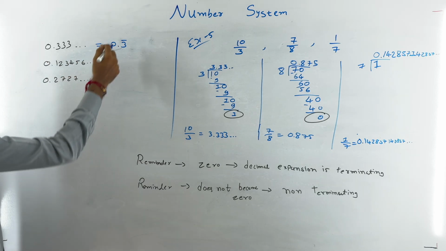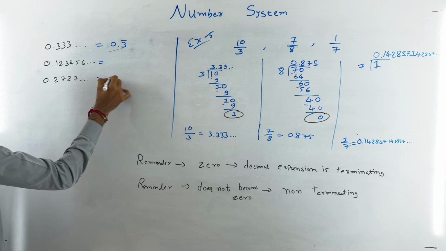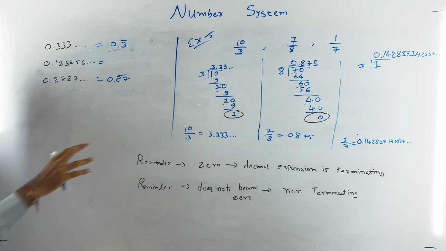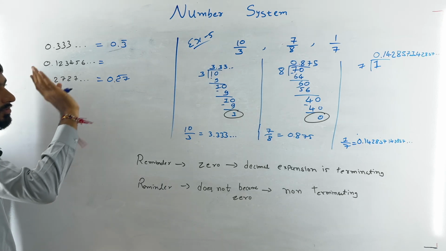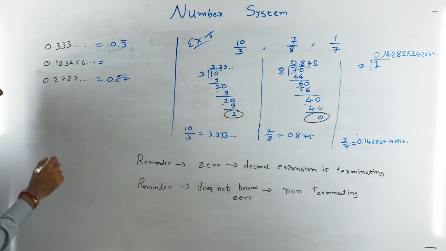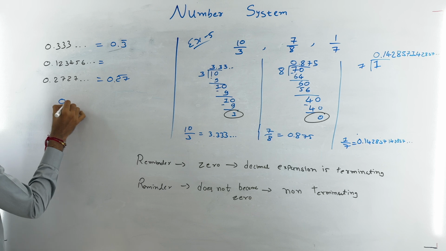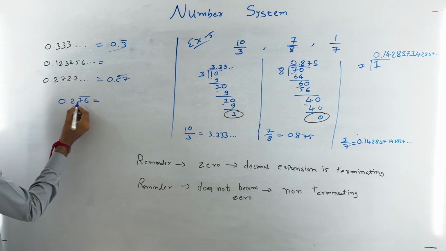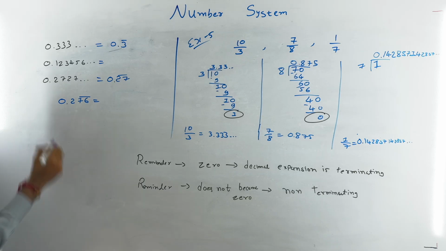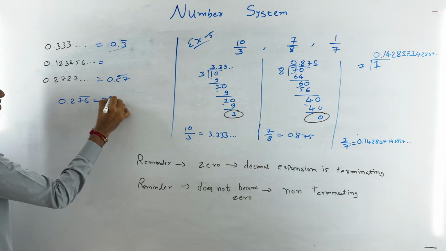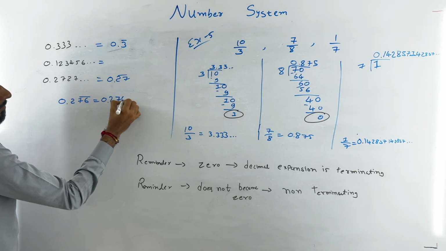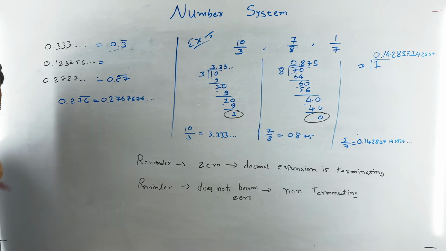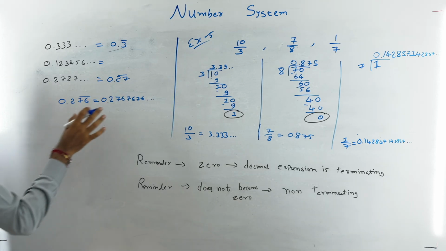Here I cannot write anything like that, but here I can write 0.27 bar. The bar on the number says that 27 will repeat after this for infinite times, right? If I write 0.276 and I keep the bar on these two numbers only, that means 0.2 as it is. Now I have to write 76 76 76, that will repeat for infinite times, right?